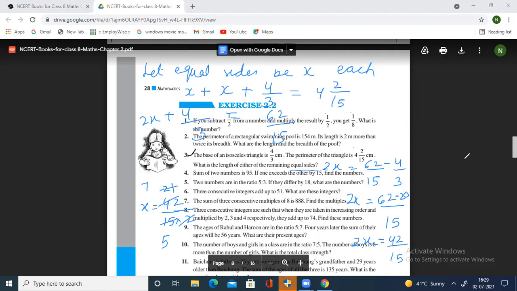So perimeter means if I add all the 3 sides' lengths, that will give me the perimeter.